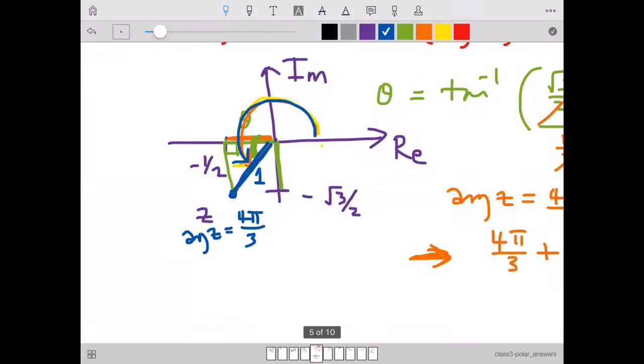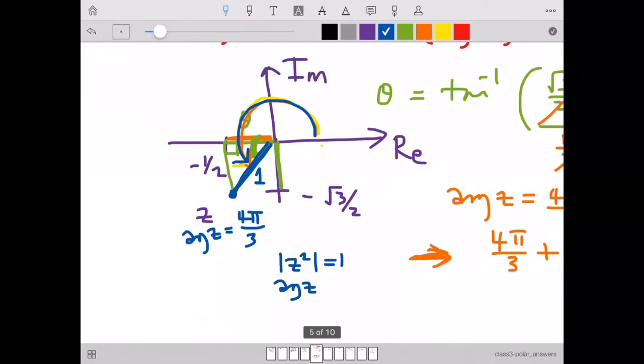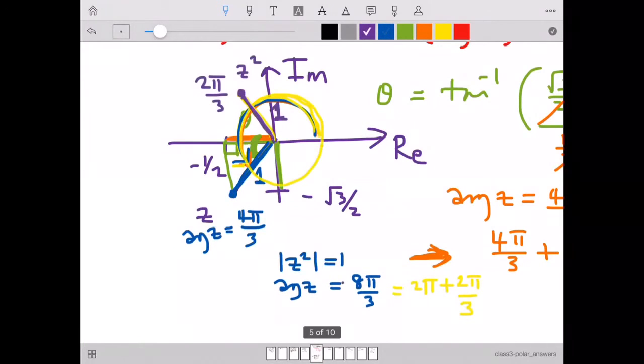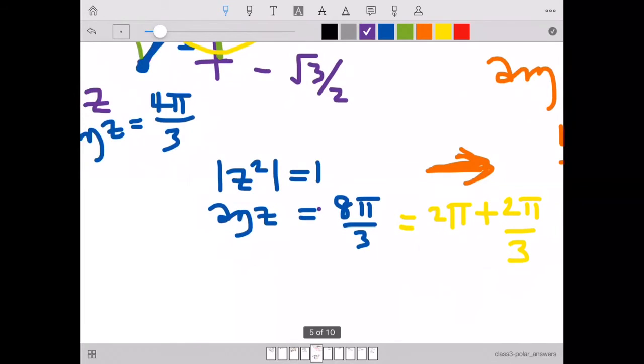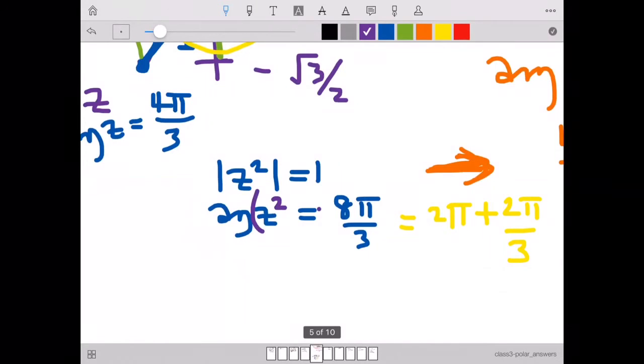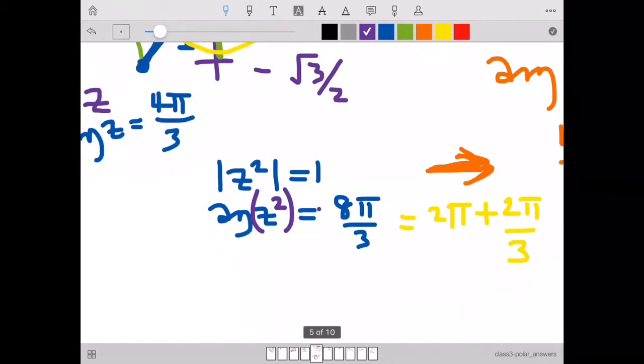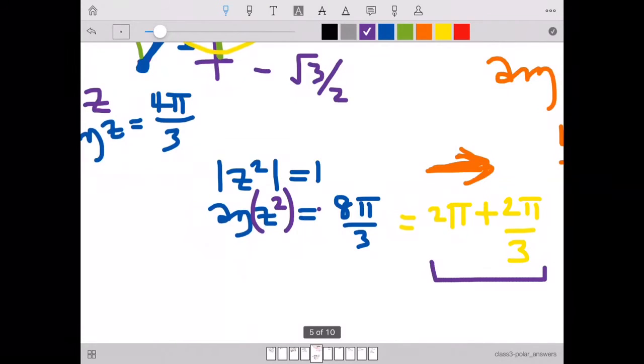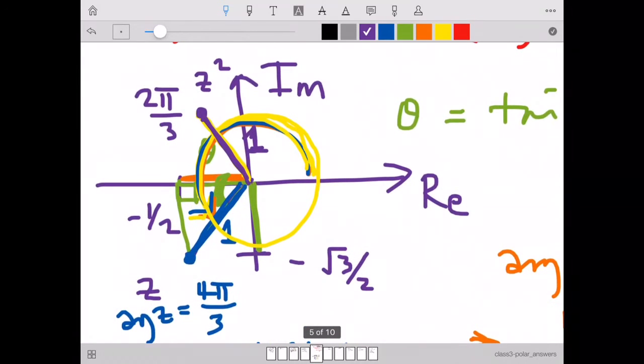But when we do Z squared, the absolute value of Z squared is 1, and one arg of Z squared, oops, it's not arg of Z, it's arg of Z squared there, is 8 pi over 3, which is 2 pi plus 2 pi over 3. So if we draw that, Z squared is here.